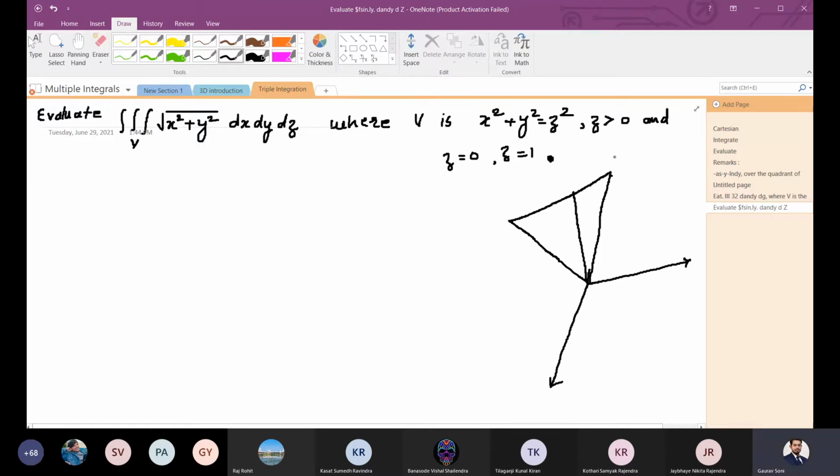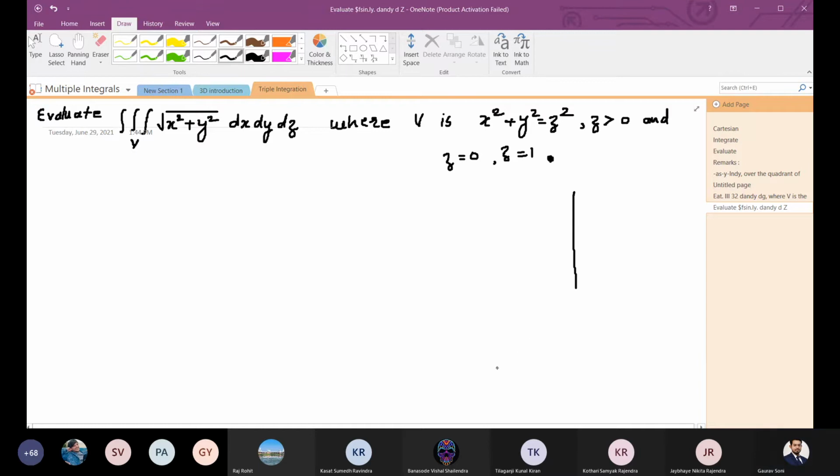Make your diagram properly. x, y, z axis, and I hope everyone is very much clear how it is a cone, because we have spent one complete lecture on understanding the figures.